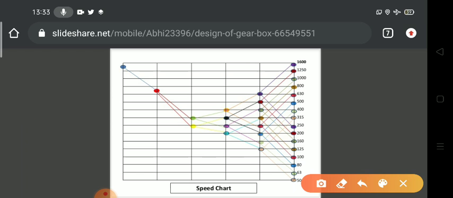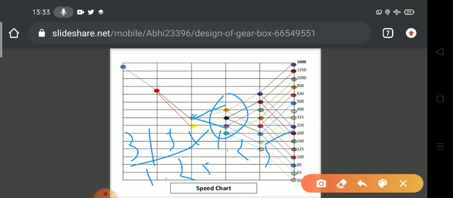Again, you have 315, right? This point is 315. So first you multiply 315 by 1.25 and connect that point, then divide by 1.25, whatever value you get, connect with that point, right? So you got 4 points.